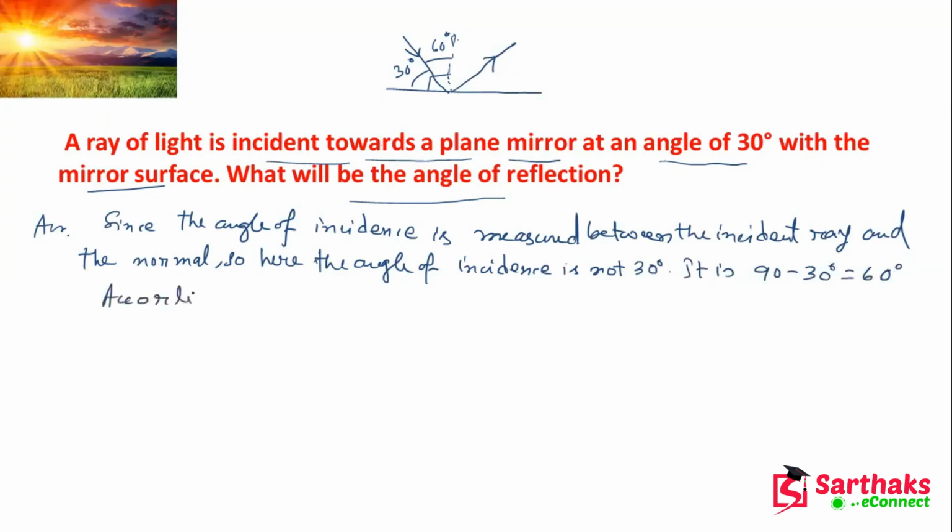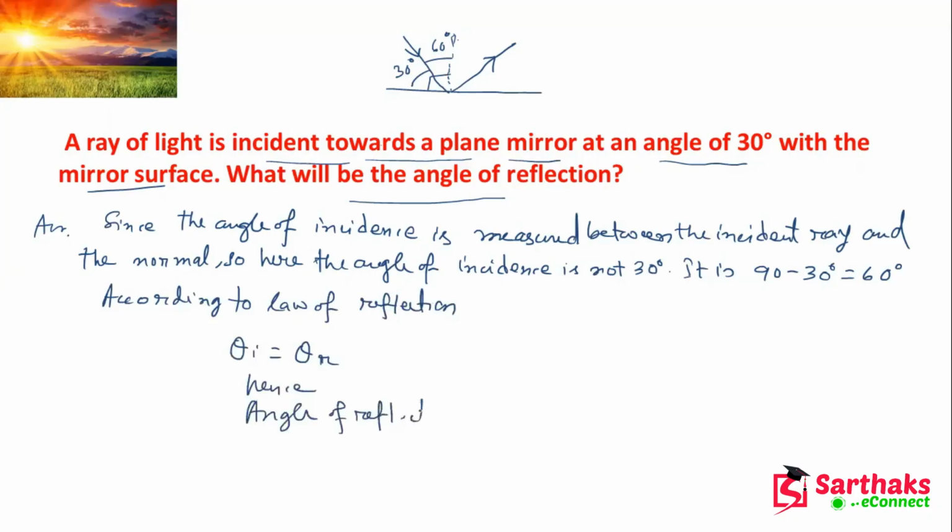According to the law of reflection, theta I equals theta R. So hence angle of reflection equals 60 degree.